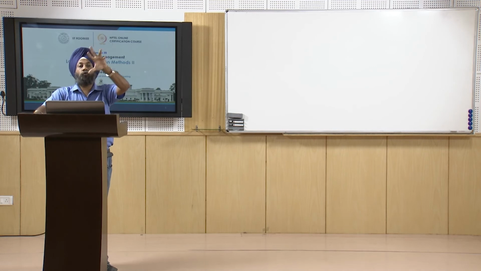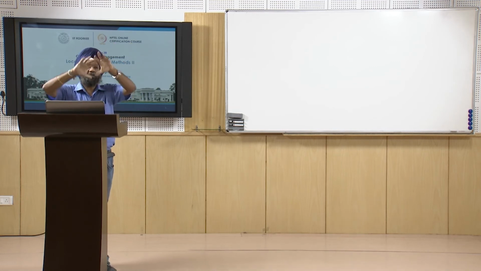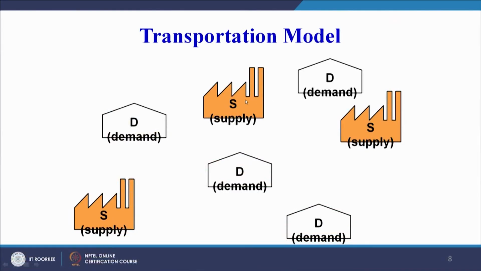We may have 3 or 4 sources and 5 or 6 destinations, and then we have to find the optimal location of these sources so that they are able to serve the destinations with minimum possible cost. Here on your screen there are 3 supply centers or manufacturing facilities, and there are 4 demand centers, this is one demand center, another, third and the fourth.